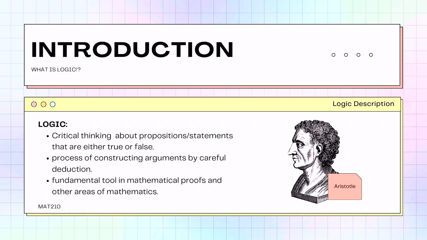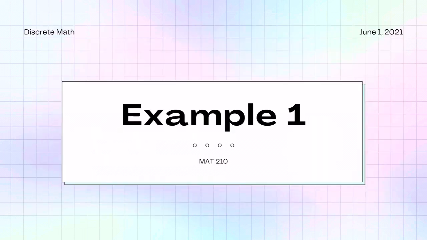It involves the use of symbols in a formal system to model and analyze reasoning and arguments, and is a fundamental tool in mathematical proofs and other areas of mathematics. So now you know what logic is in mathematics. Now let's jump to some example questions and see how to solve these types of questions. And my friend Hafiz will show and solve one of these questions.